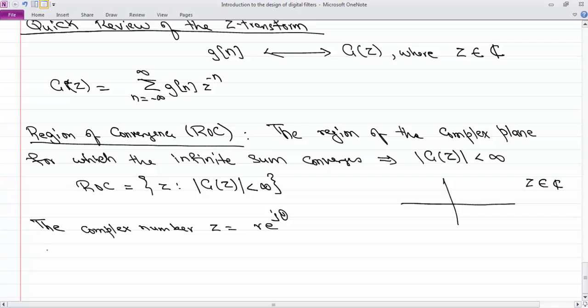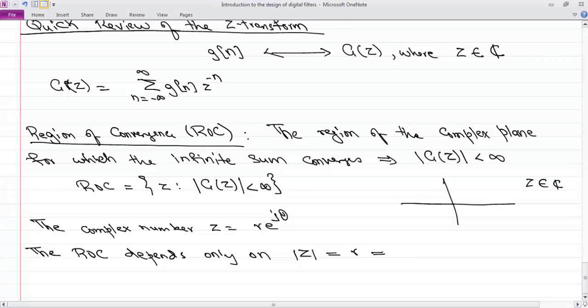You should have seen that earlier, but the ROC depends only on the absolute value of z and not on anything else. The absolute value of z is simply equal to r.